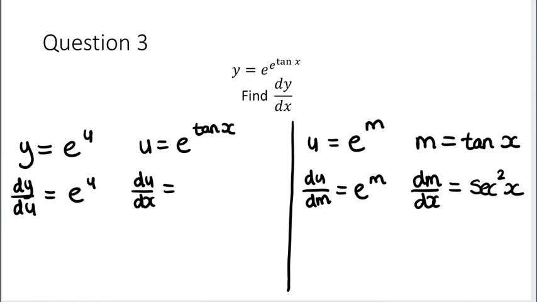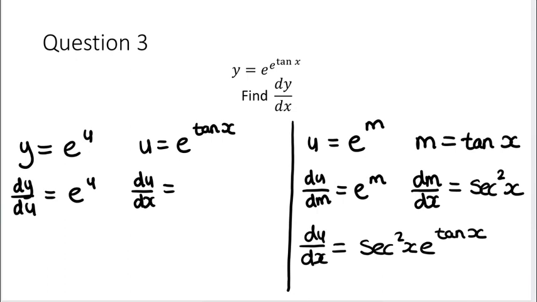So what I was trying to ultimately find was du by dx. So if we times e to the m by sec squared, but remembering that m was tan x, I get this result here. So that's my du by dx.